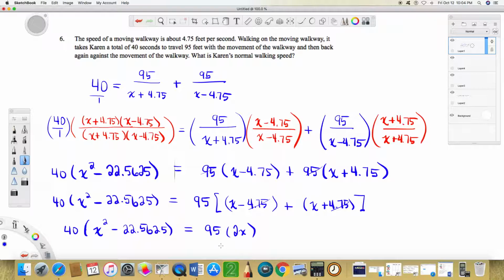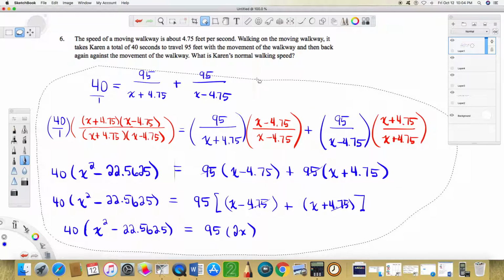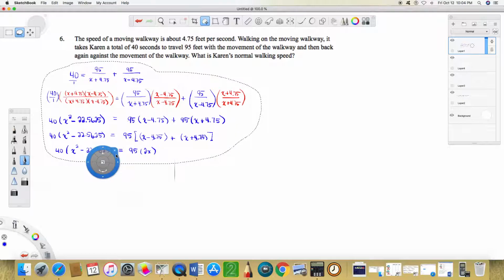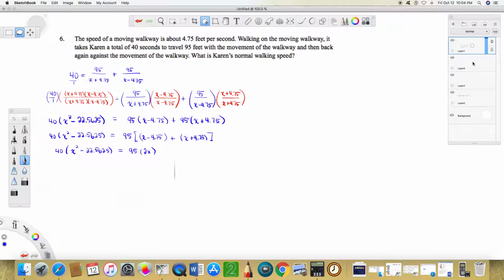All right. So if I double 95, I get 190. Here, let's shrink all this stuff up so we can have room to write. I don't know which layer this little mark is. Yeah, found it.